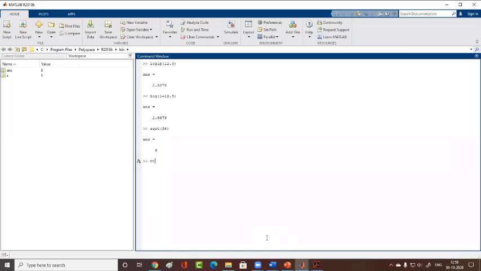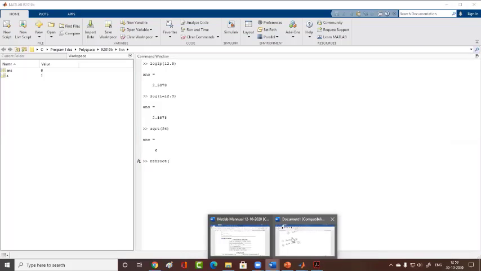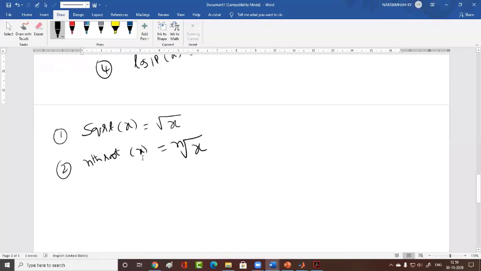Now observe, very important point, what is the syntax? Nth root of x comma n.